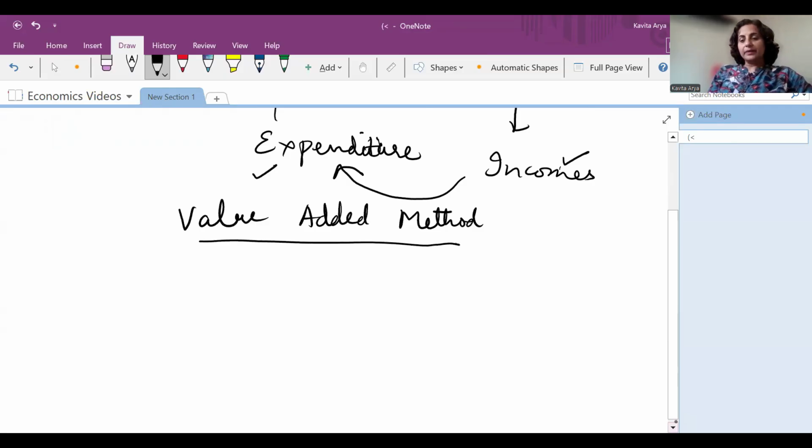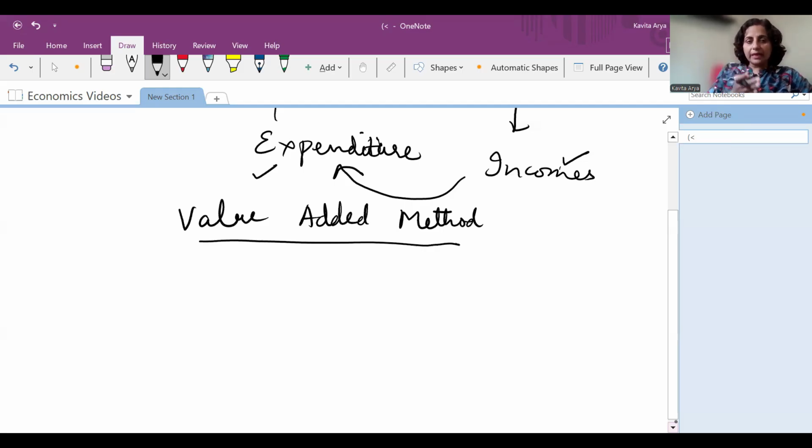Now, value added method means whenever there is any production happening in the economy. Why does production happen? Because human beings need goods and services to be produced for the satisfaction of their wants. Production never happens in one go. There are several stages of getting something produced in an economy.